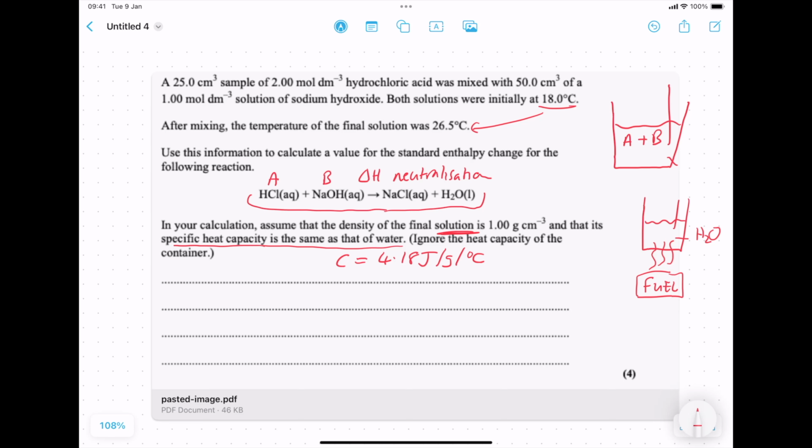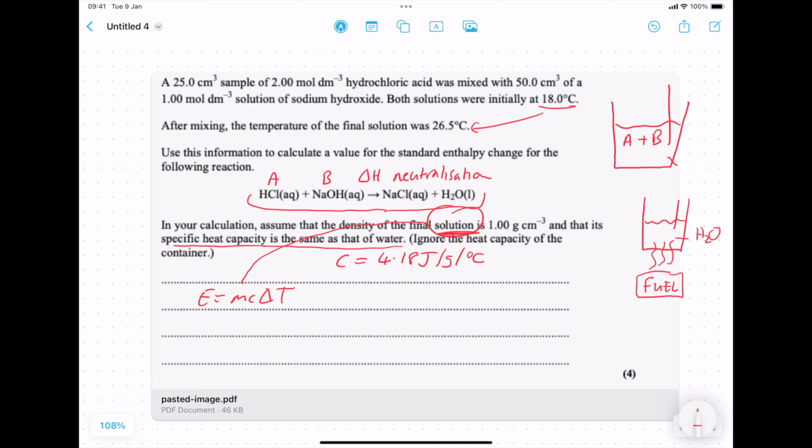Next thing, formulas. So E equals mc delta T. M is the mass of the solution this time, because the solution is the same as water. C is your heat capacity, delta T is your change in temperature, and then E is the energy released in the reaction. Right, there is another formula we need.